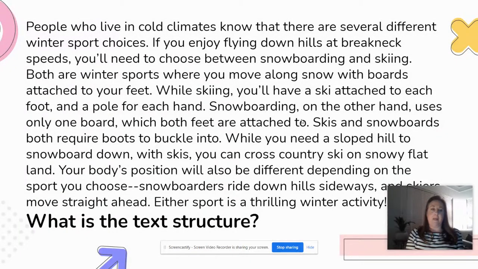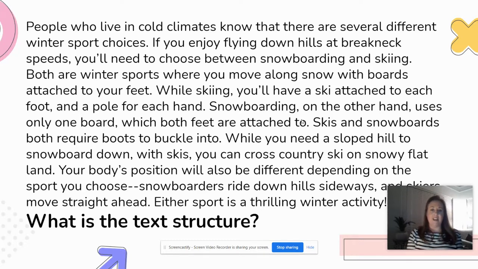All right. People who live in cold climates know that there are several different winter sport choices. If you enjoy flying down hills at breakneck speeds, you'll need to choose between snowboarding and skiing. Both are winter sports where you move along snow with boards attached to your feet.